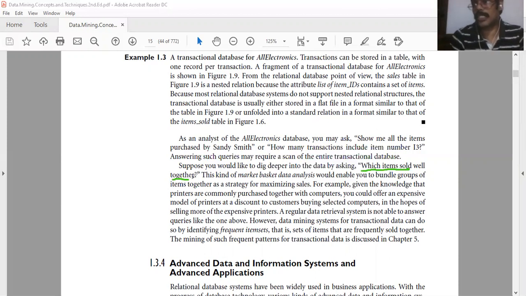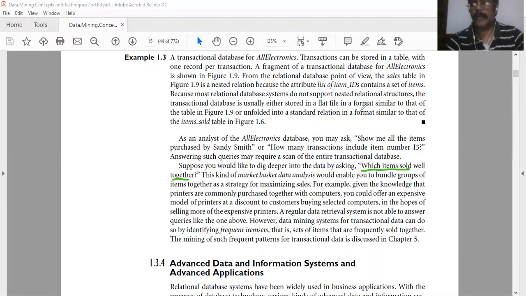This question comes under market basket data analysis. In market basket data analysis, our task is to find which items sold well together.